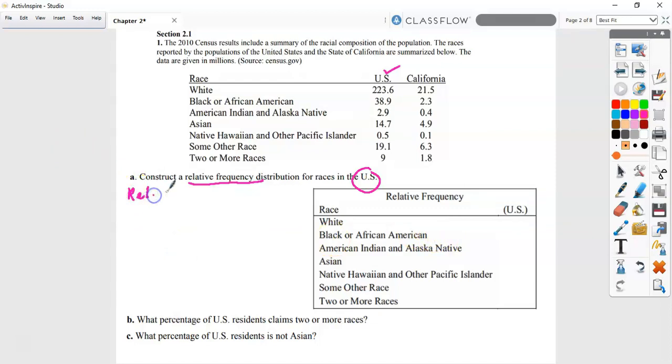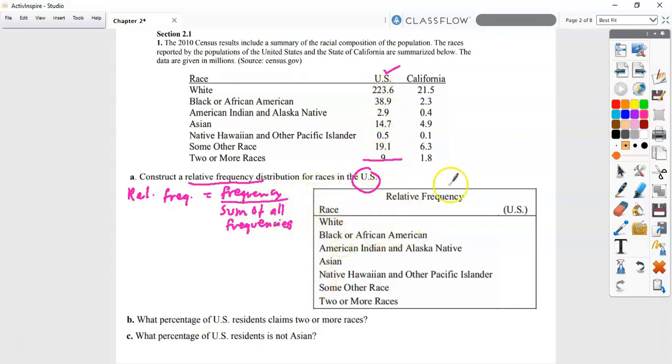So relative frequency is equal to the frequency over the sum of all the frequencies. So that means what we need is the frequency, so we already have that up here, and also we need the sum of all frequencies. So that means we're gonna add this all up, and we're gonna use that then as our denominator to find the relative frequency.